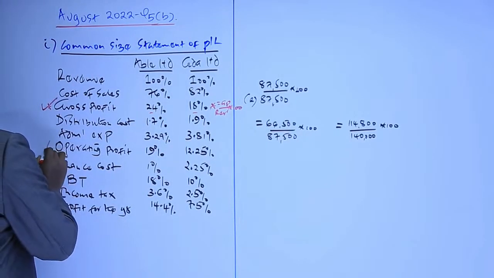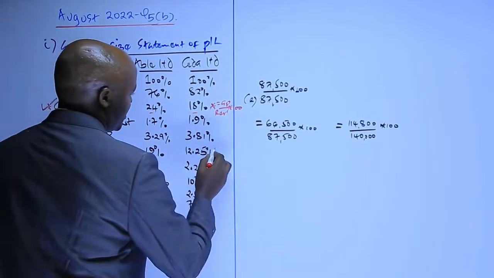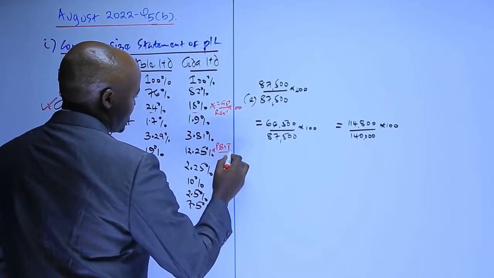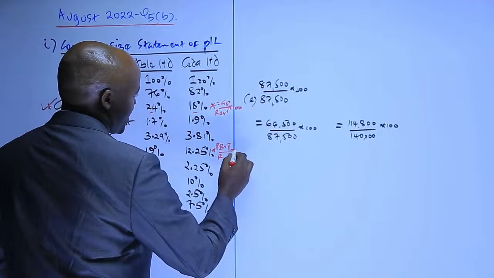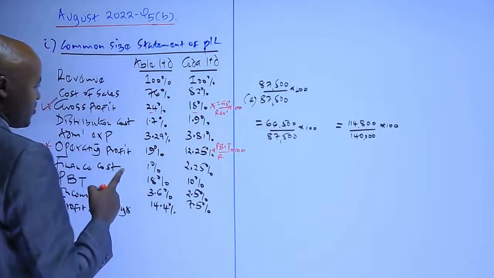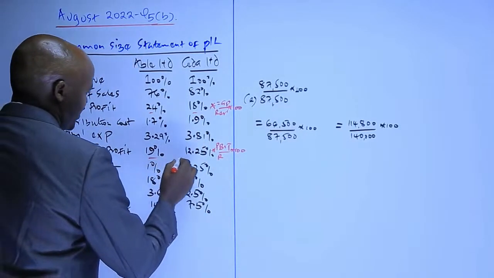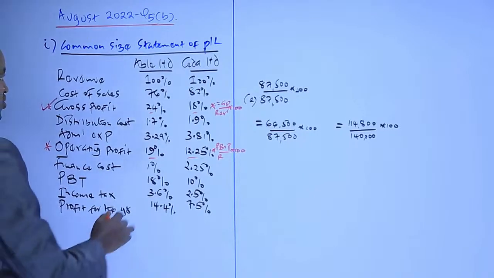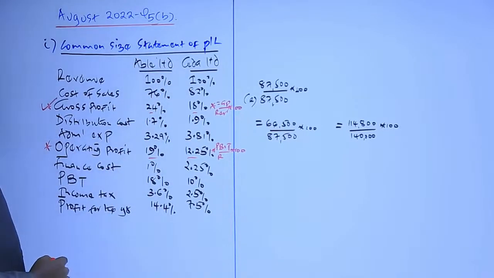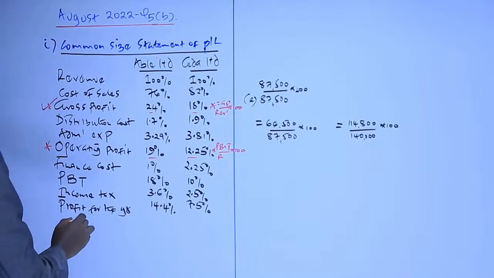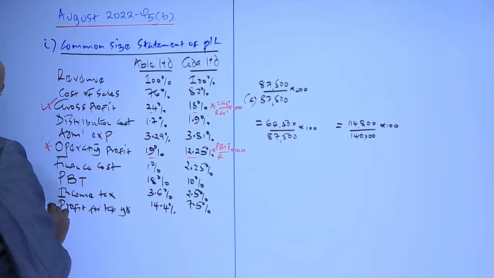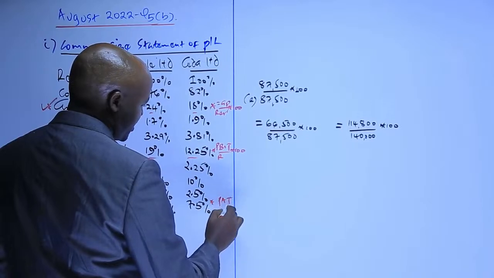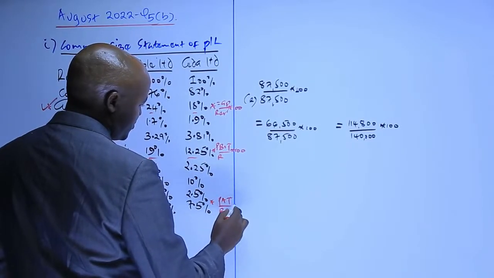We also have this other ratio here, which we have computed by taking the operating profit, or the profit before interest and tax, over revenue times 100. So this is what we refer to as operating profit margin. Equally, going with that profitability ratio, we can see this company is more profitable than Cedar. And also we have this other ratio, where we have taken profit after tax over revenue times 100.